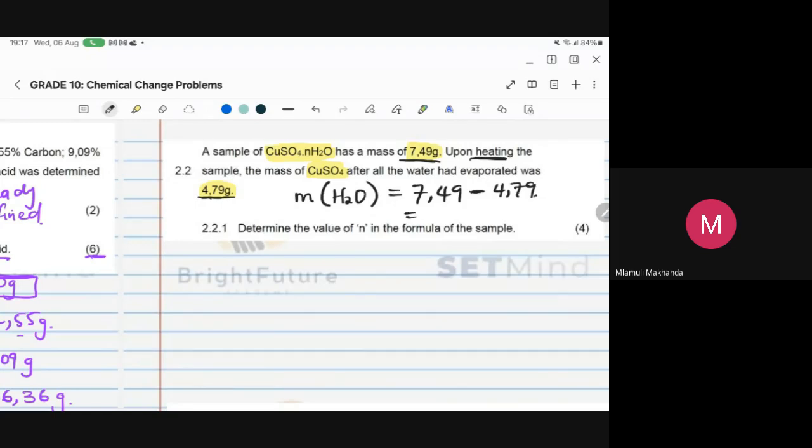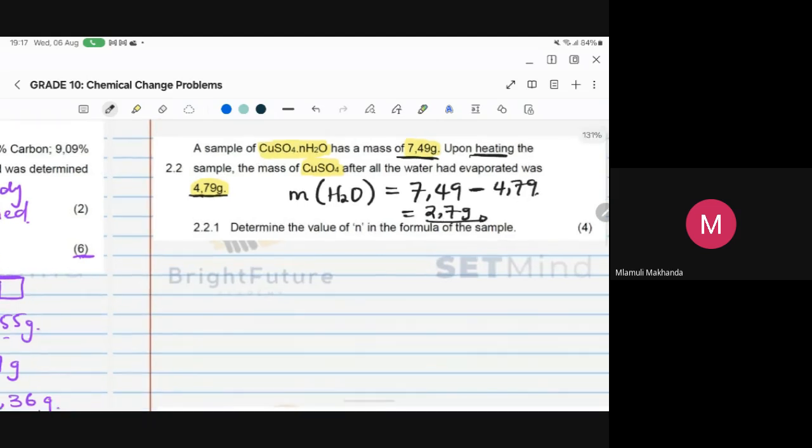So this should be, let's see, about 2.7. So that's the mass of the water in a hydrous copper sulfate. So we are asked to find the value of N in the formula of the sample. What is N?